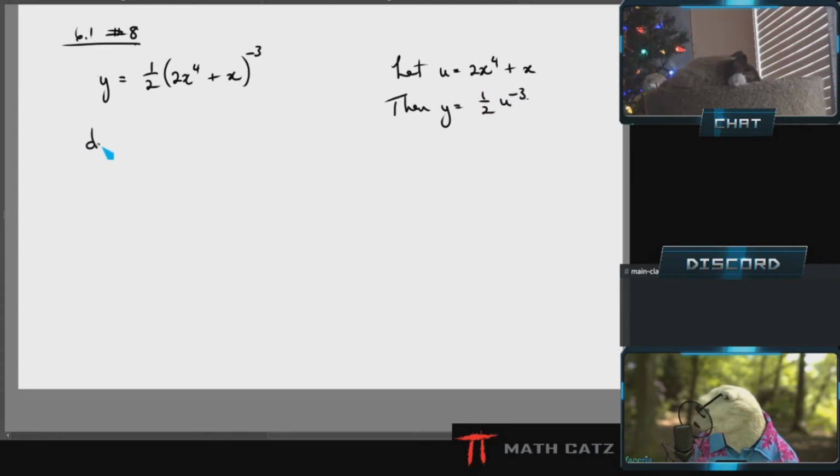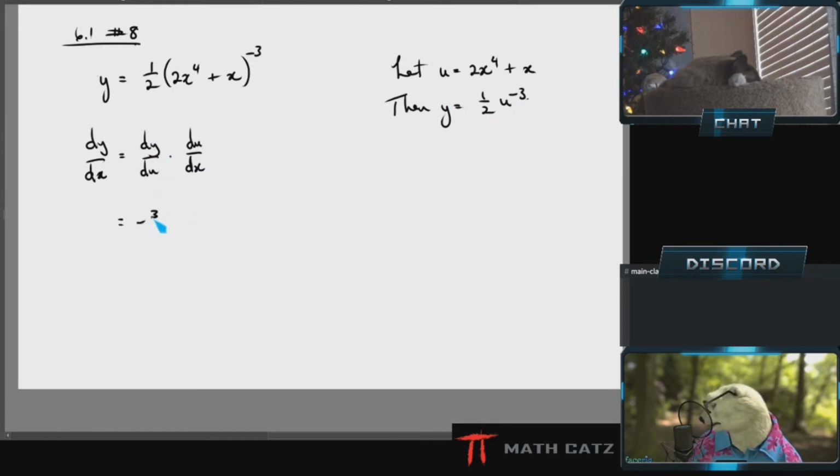So the chain rule says dy dx is dy du times du dx. Loosely speaking, or casually speaking, the derivative of the outside function times the derivative of the inside function. Derivative of y with respect to u. Now, it's a small function.